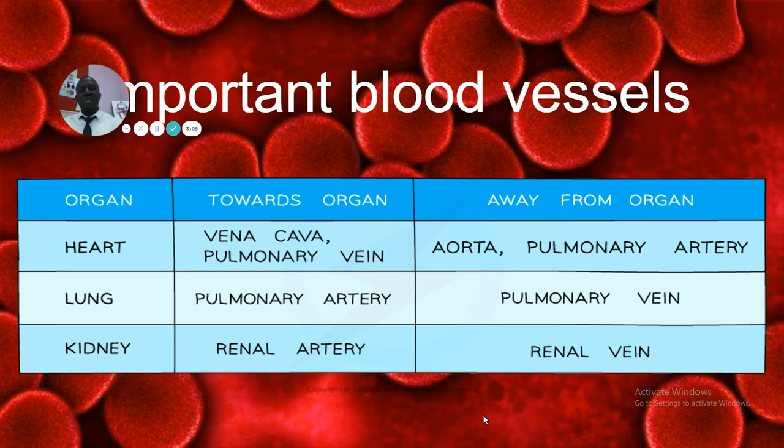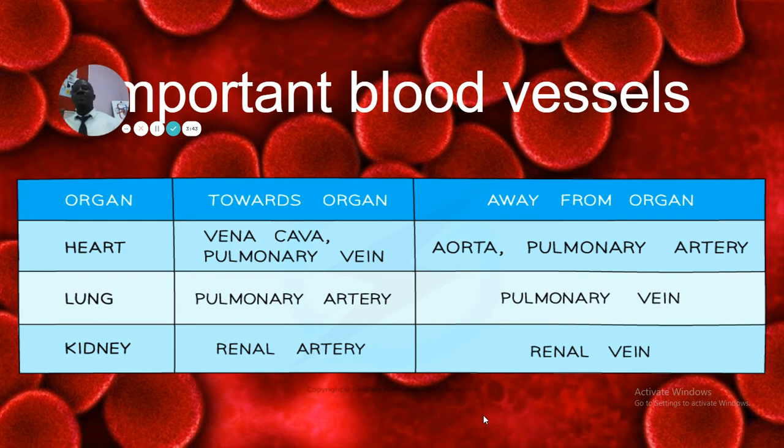Then the other one that drains oxygenated blood from the lungs to the left-hand part of the heart, which is the left atrium, is known as the pulmonary vein. And this marks the pulmonary vein as being the only vein that carries oxygenated blood in the body. So arteries carry blood away from the heart.